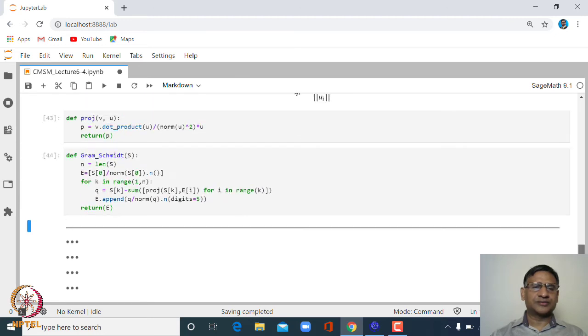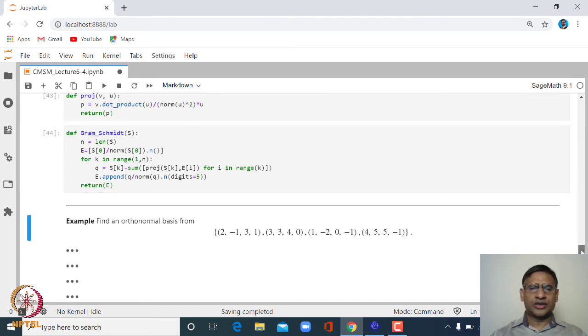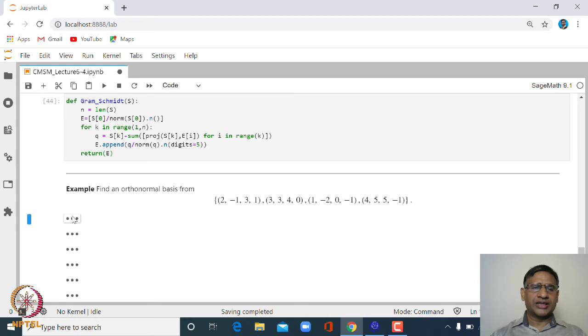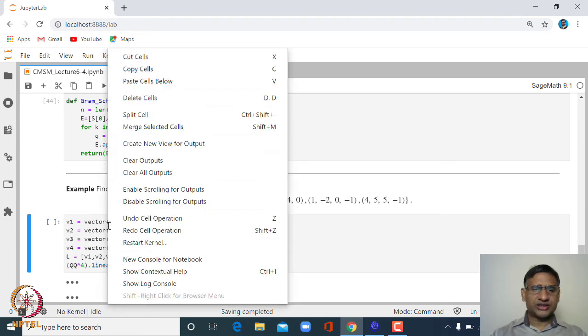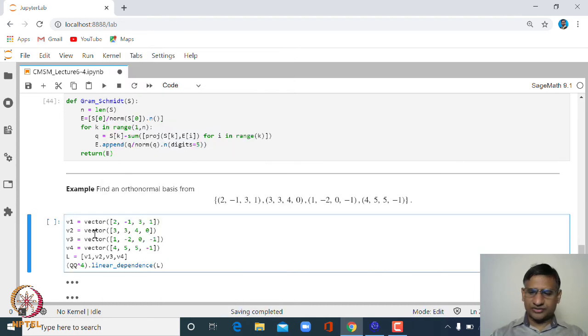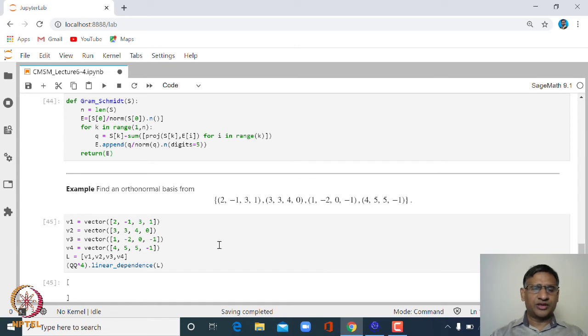Now let us look at an example. So let us take these 4 vectors in Q4 or in R4, and define these vectors v1, v2, up to v4, and L is equal to the list of v1, v2, up to v4.